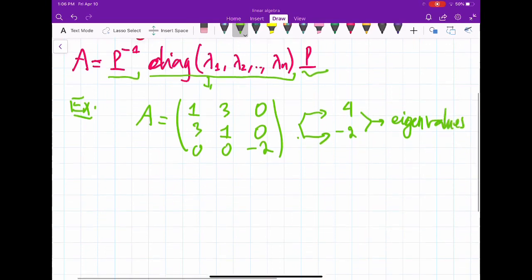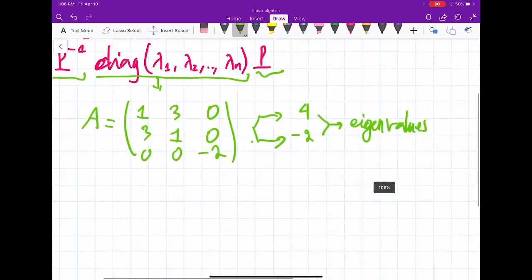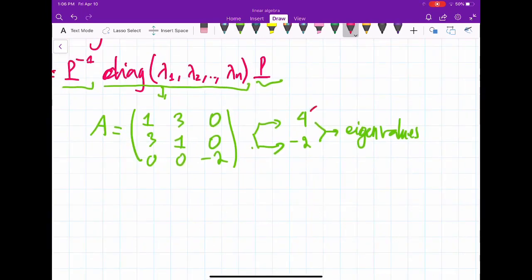And we also found eigenvectors corresponding to these eigenvalues. Let's say for 4, I have (1, 1, 0). But for -2, I have (1, -1, 0) and (0, 0, 1).